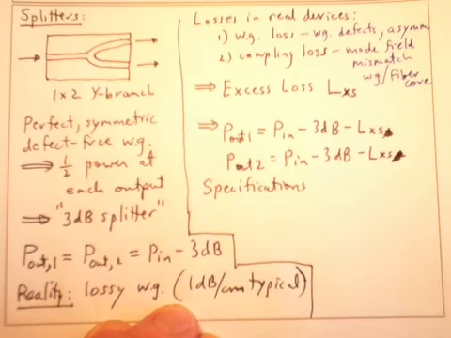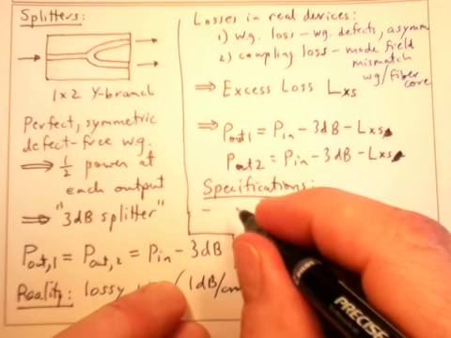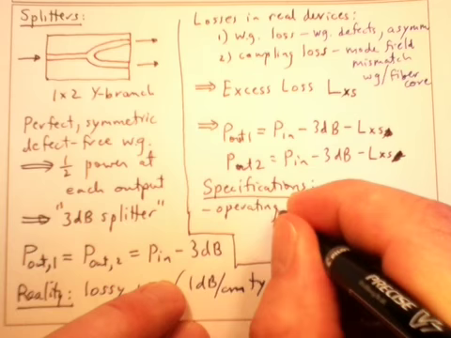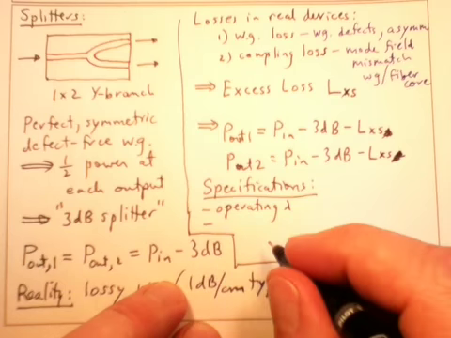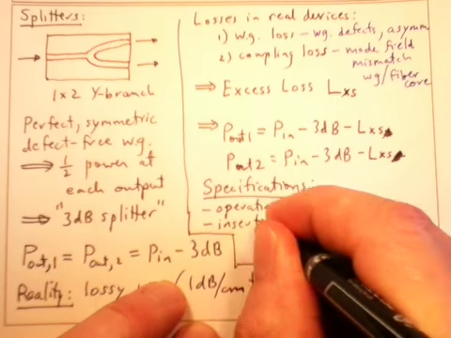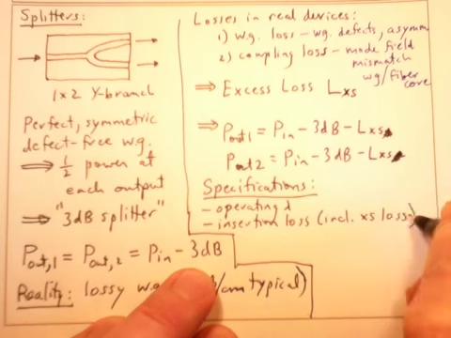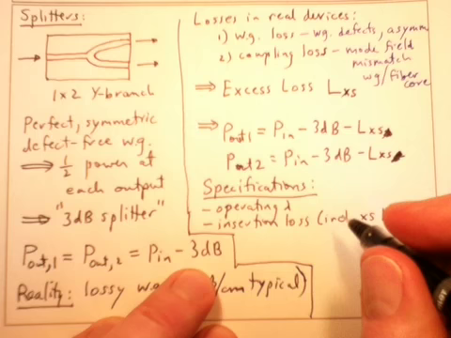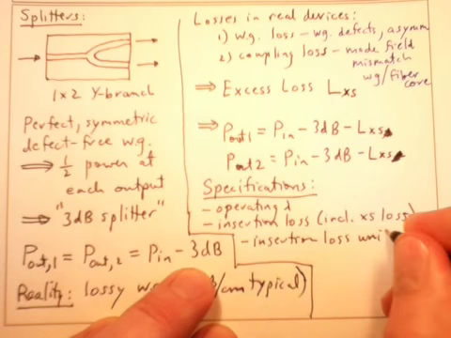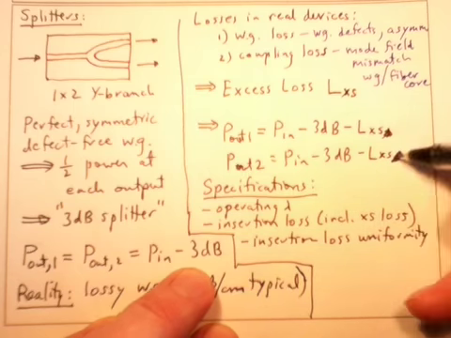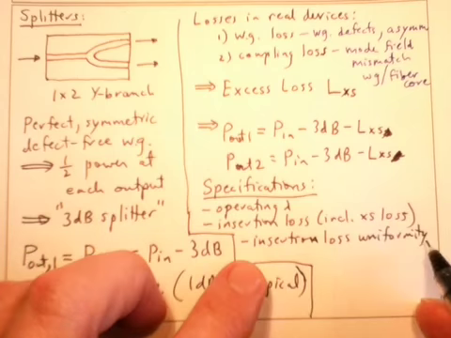And so the important specifications are operating wavelength, over which the specs are guaranteed, the insertion loss, which includes excess loss, the insertion loss uniformity, that's this business where the different outputs could have different excess losses, and so we put an upper bound on that in the specs of these things.